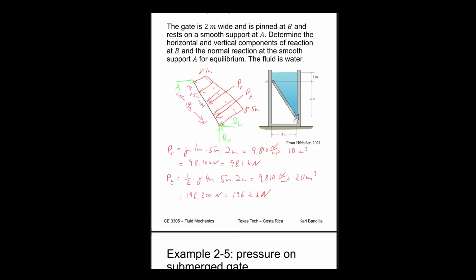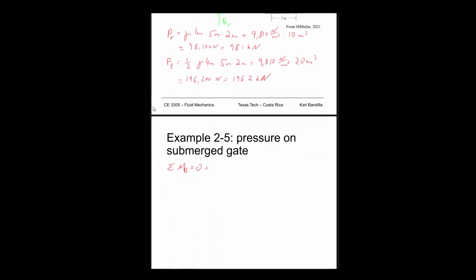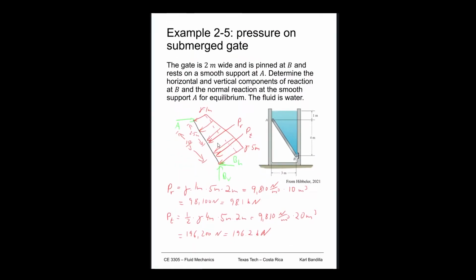So we certainly have A. A is going clockwise, so it'll be negative, and the vertical distance is what's interesting to us, that'd be the 4 meters. So we'd have minus A times 4 meters. BH and BV, of course, go through B, so they don't have a moment arm.